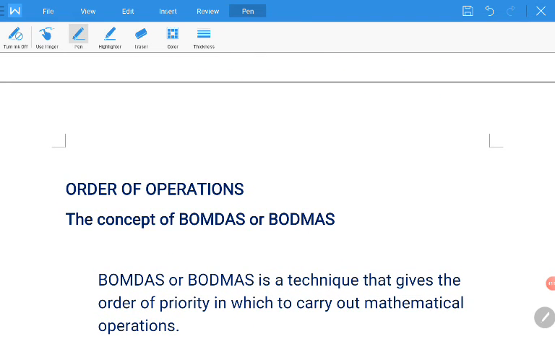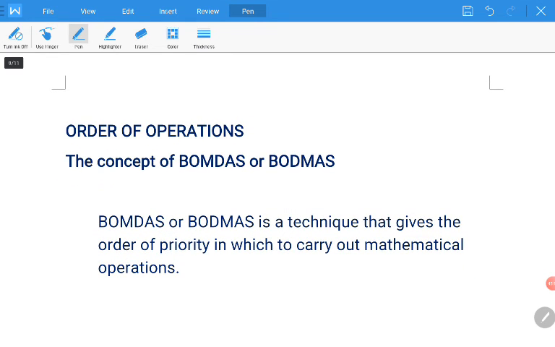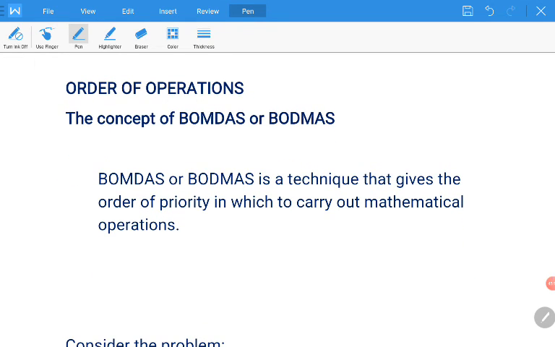So the last thing that we are going to look at is order of operations. In the order of operations, we use a concept known as BOMDAS or BODMAS. They work equally the same.